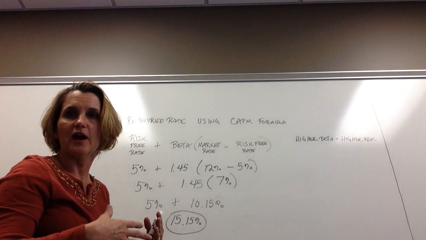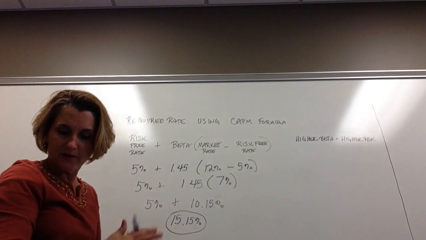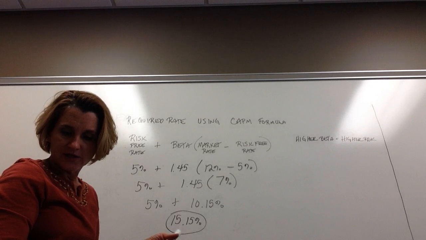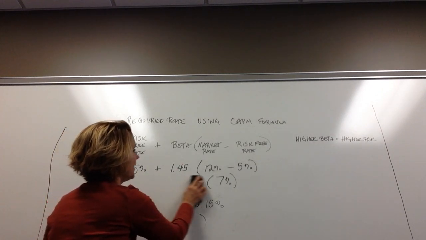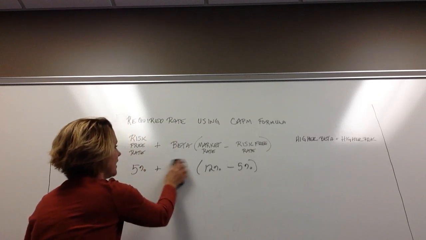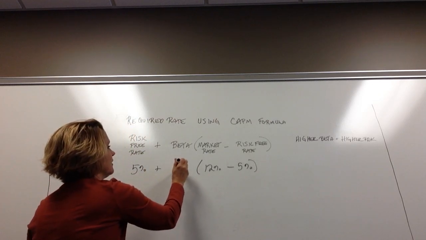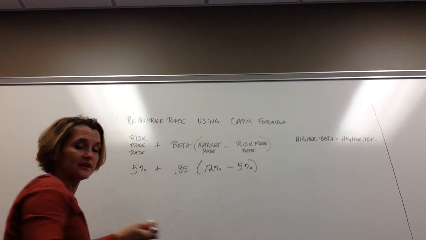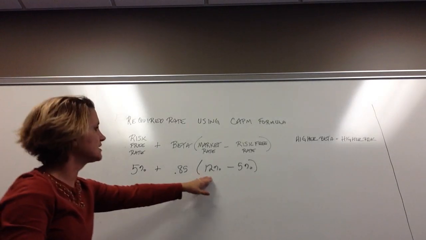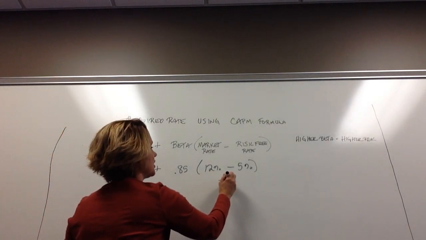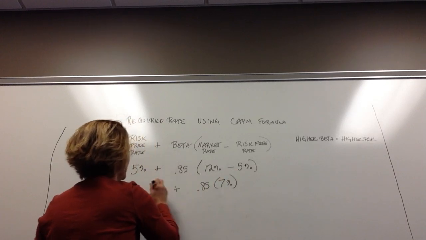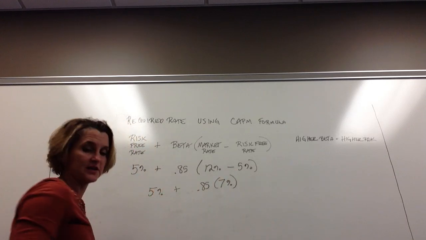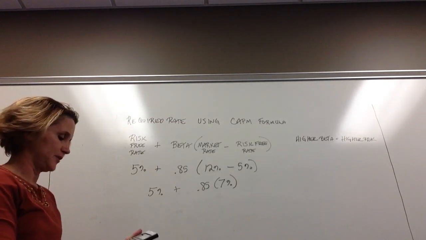You could have it go the other way. If the beta were lower, say if we had the same scenario and the beta is 0.85, then you'll see that it goes the opposite direction. So I still have that 7% here, but now I'm going to multiply that by 0.85 because it's going to be a less risky company.